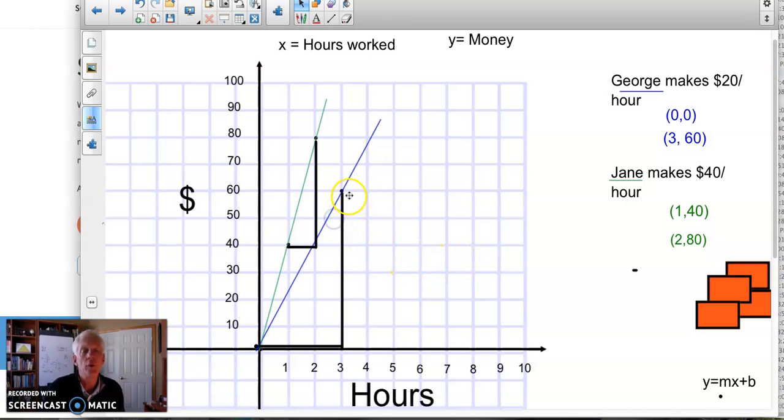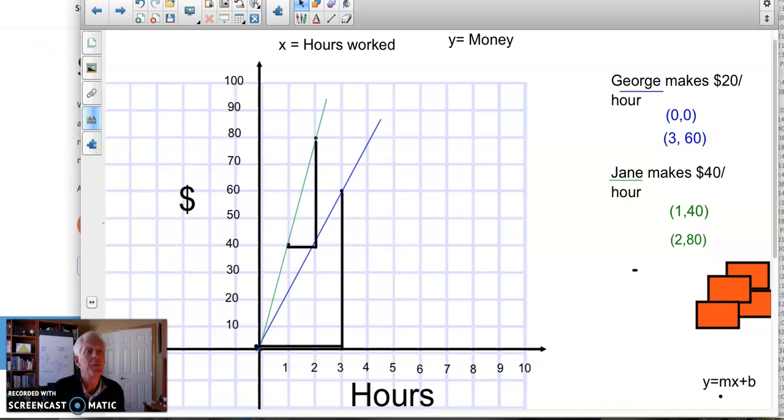So let's go ahead and count George's like we did before. We do rise over run. So this is the rise. Now, this is one thing we did not talk about during the lesson. This scale is not going by ones, it's going by tens. So as I count up here, I'm going to count by 10: 10, 20, 30, 40, 50, 60. That is a rise of 60.